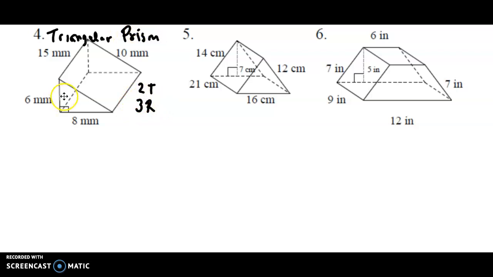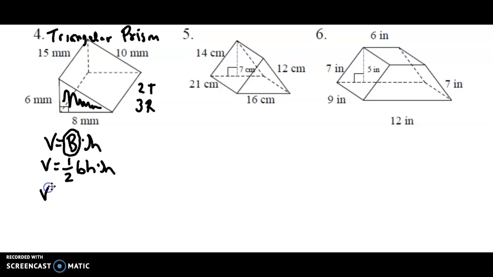I'm going to color in the triangle so I know what I'm using for my base. And the formula is, again, V equals capital B times cursive H. The one with 2 is your base. So I'm going to plug in the triangle formula, 1/2 base times height, and then the cursive H. Don't forget that there's going to be 2 H's sometimes. They mean different things. 1/2.